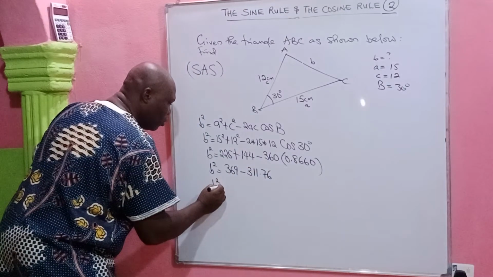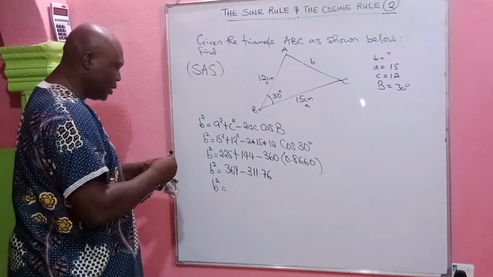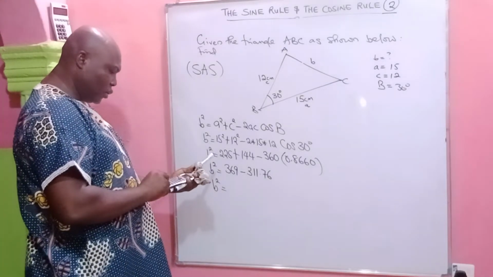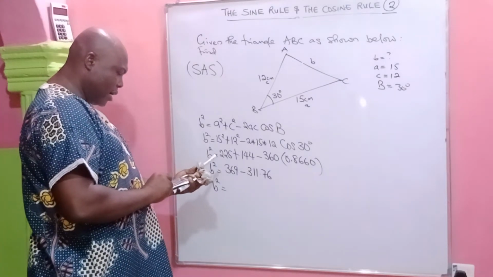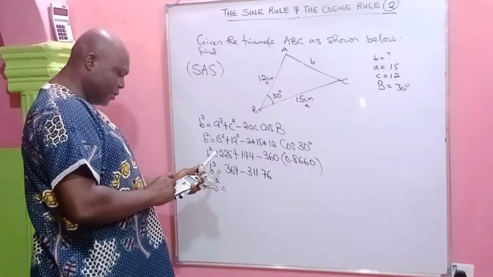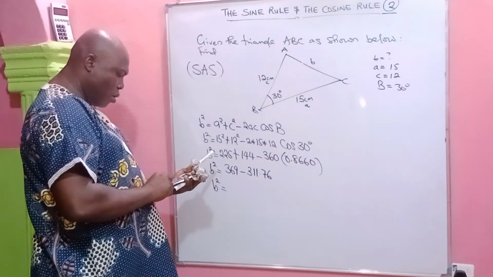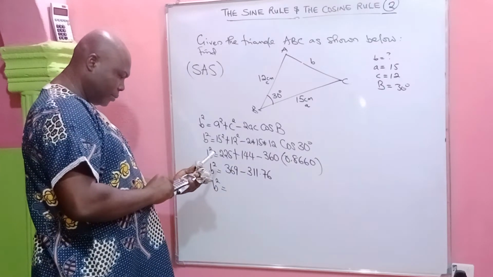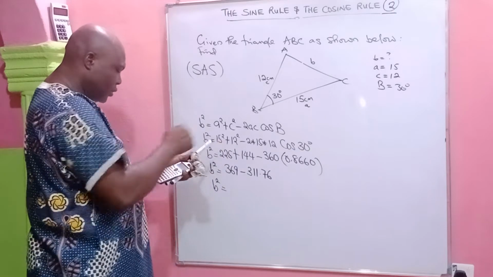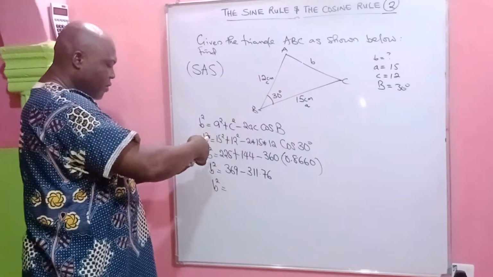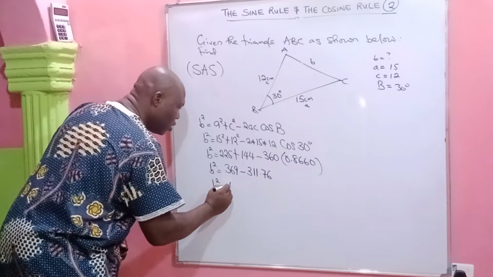So our b squared will be equal to 369 minus 311.76, which will simply give us 57.24.